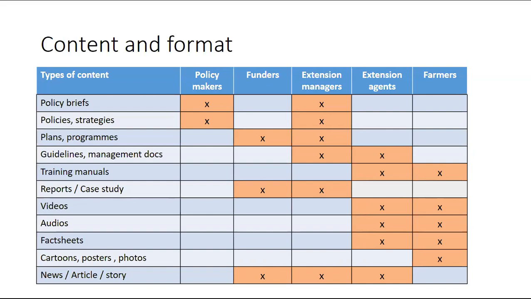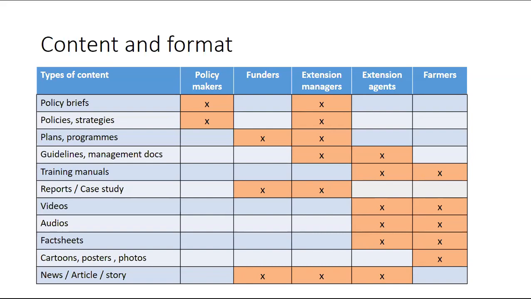The extension manager is more of an overview, more systematic and general, while the extension agent or field worker is more specific, working in the field with the farmers directly and so on. And all these types of audience have their different types of content they are looking for, of course, and which they are used to using in the past.